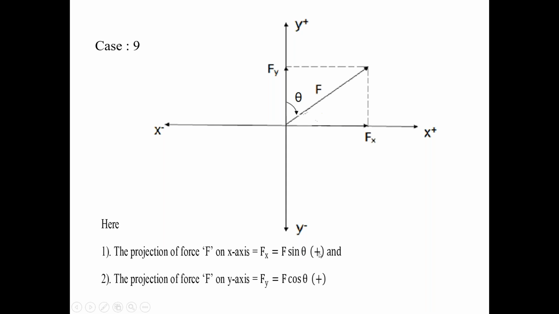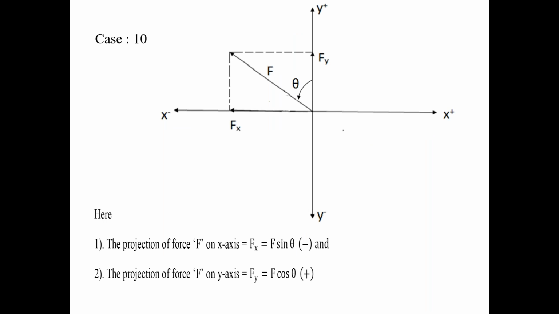So Fx is the positive projection. The projection Fy direction is towards the positive y-axis. So Fy is the positive projection. So in the ninth condition, Fx, F sin theta, and Fy, F cos theta, both are positive projections.